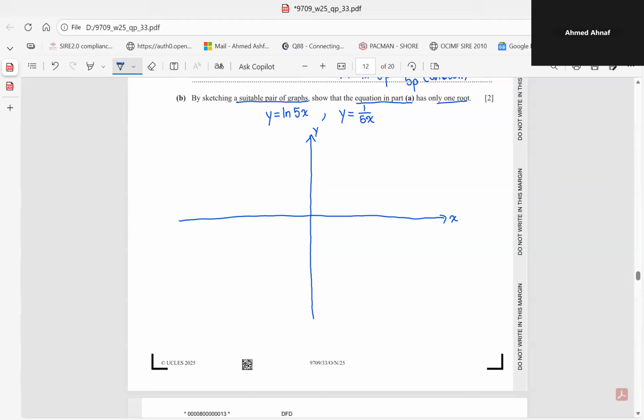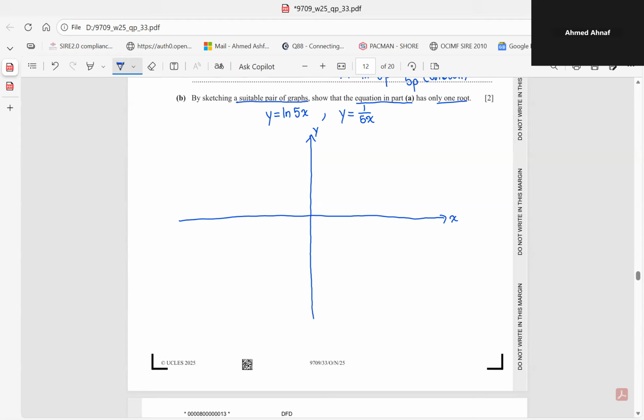Let's draw ln 5x now. So to draw ln graphs, for ln we need to know that the y axis is our asymptote. Okay, what I meant to say is, yeah, the y-axis is the asymptote because x cannot be equal to 0, otherwise we have ln 0, which is obviously not possible.